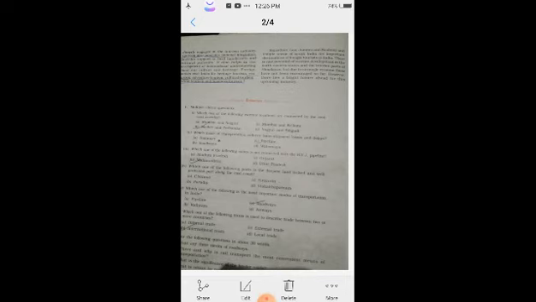Apart from this, it has become important from the defense point of view. So all these points are related to the advantages of air transport, why it is useful nowadays.